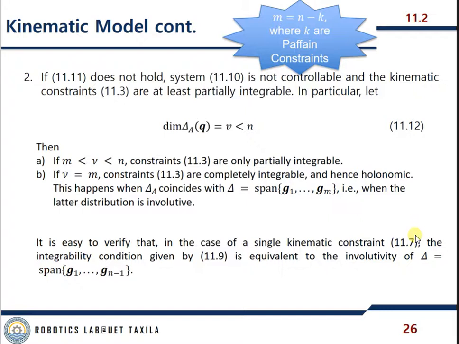So there is only one vector field, with one input. Hence, n minus 1 Pfaffian constraints are always integrable, because the distribution associated with a single vector field is always involutive. For example, a mechanical system with two generalized coordinates that is subject to a scalar Pfaffian constraint is always holonomic.